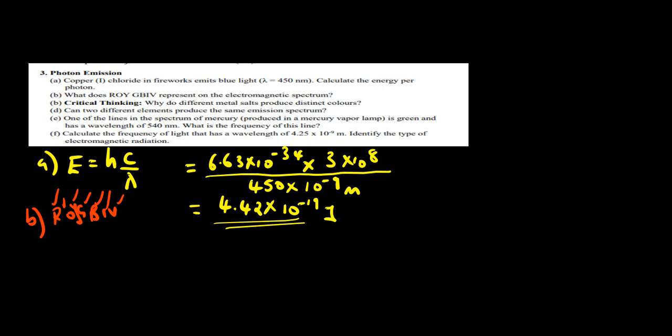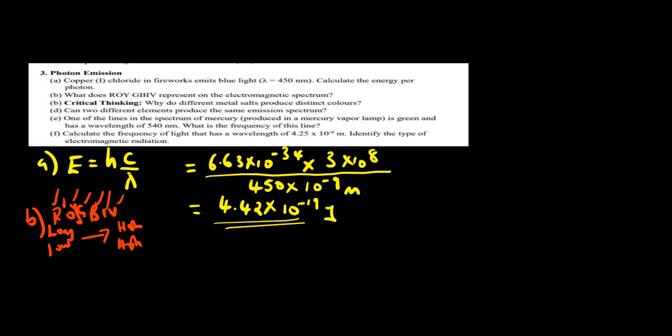For example, red, being the first one, has the longest wavelength, and because of that it will have low energy. On the other hand, the other end has the shortest wavelength and will be high in energy as you go in this direction. That's why they came up with this acronym ROYGBIV.